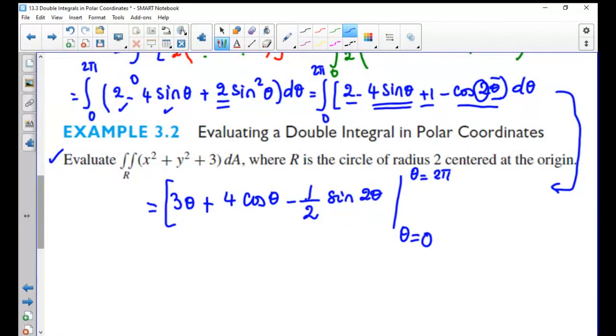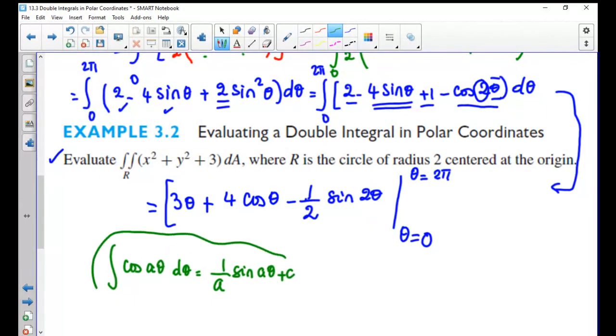Let me just remind you that what I used is that the integral of cosine a theta d theta is 1 over a sine a theta. You need to divide by the constant a, whatever it may be.